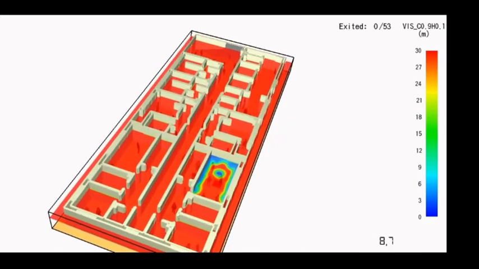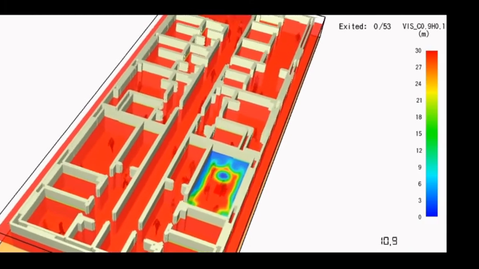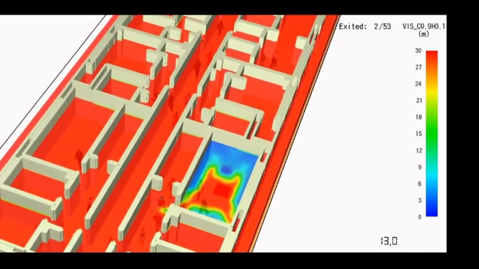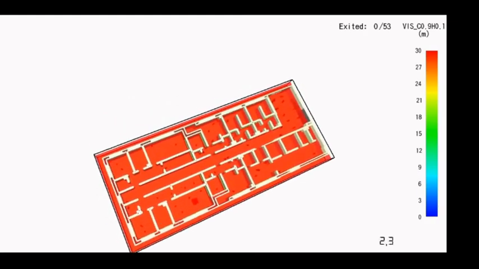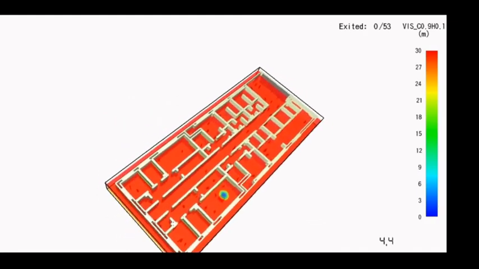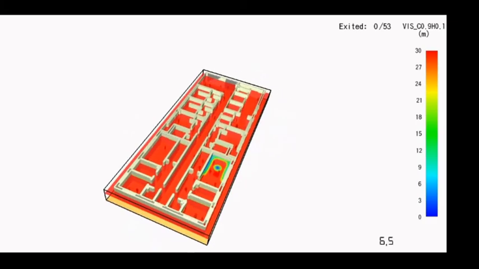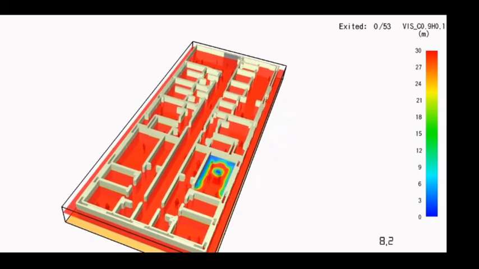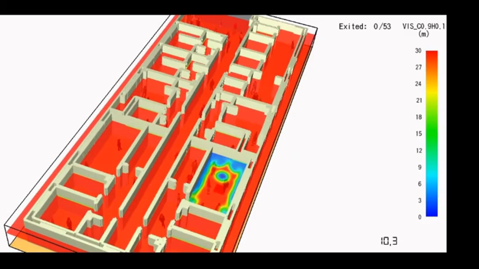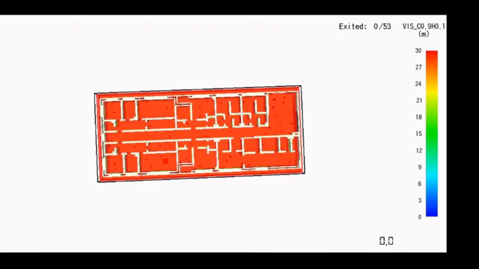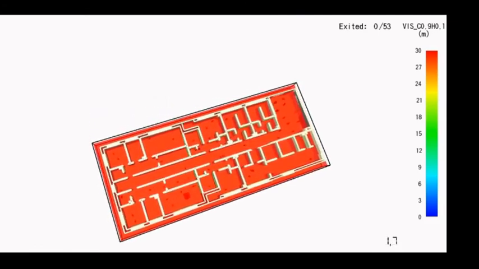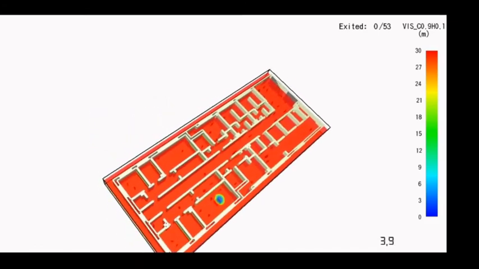They just go through the smoke on the shortest path from the place where they are to the exit. And this is because this simulation is created just by adding the slices from FDS to the Pathfinder simulation.